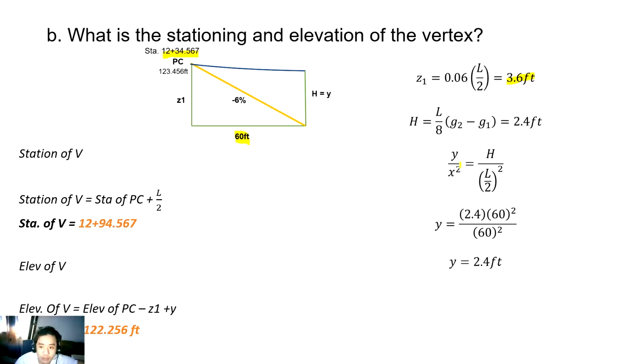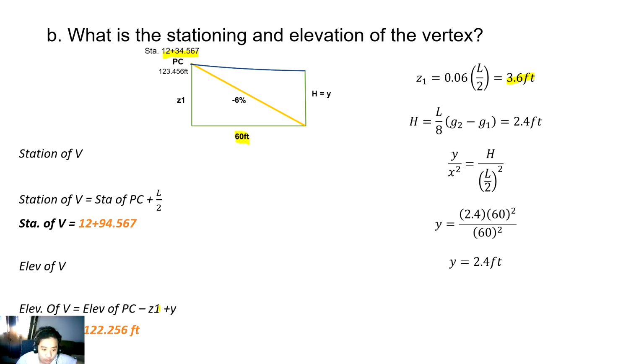Then, para naman sa Y, dapat equal ang H at Y. So, Y over X squared equals to H over L over 2 squared. So, Y equals to 2.4 times 60 squared over 60 squared. So, ang Y natin ay magiging 2.4 feet.